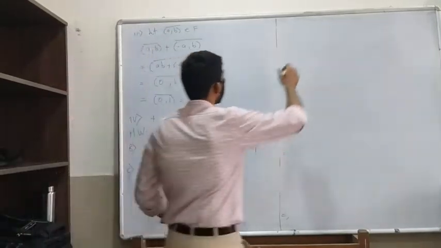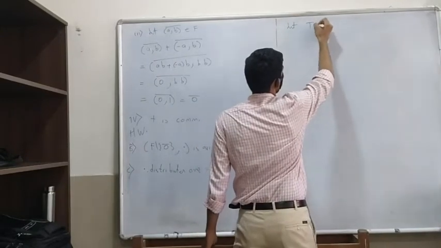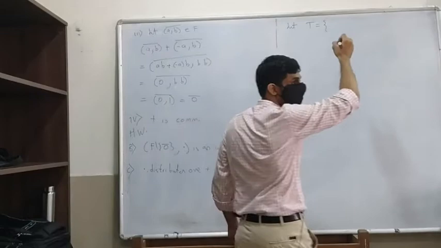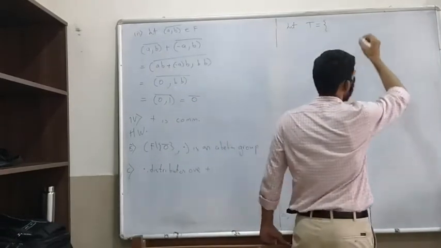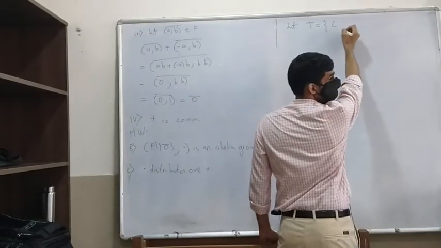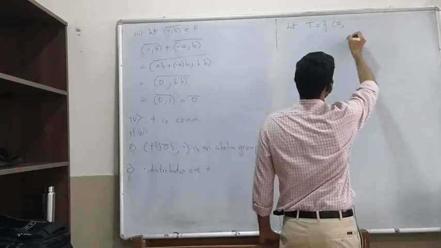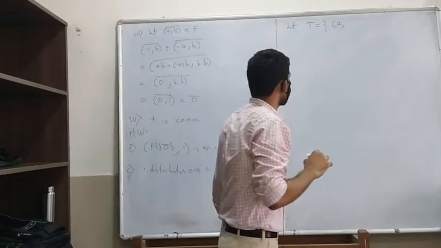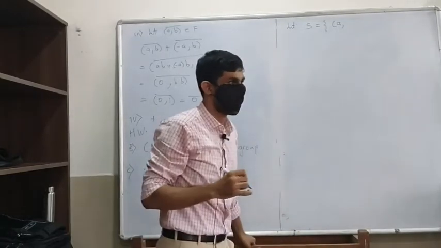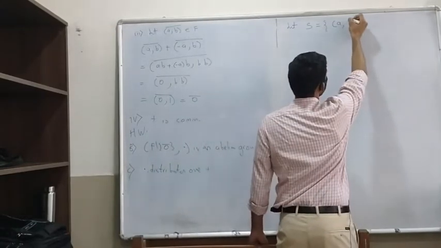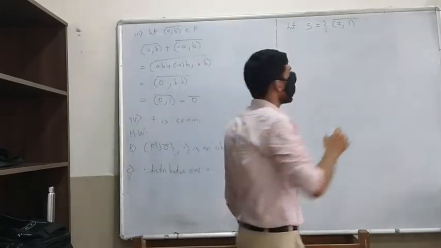So take T to be... what are the elements I will take in T? I want to get the subring which is isomorphic to D. What will I take? Not AB inverse, because I am using T, then we will use S. (A, 1) bar, right?